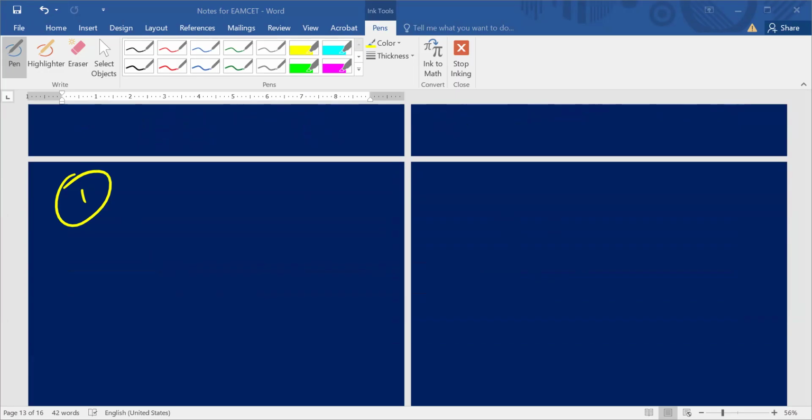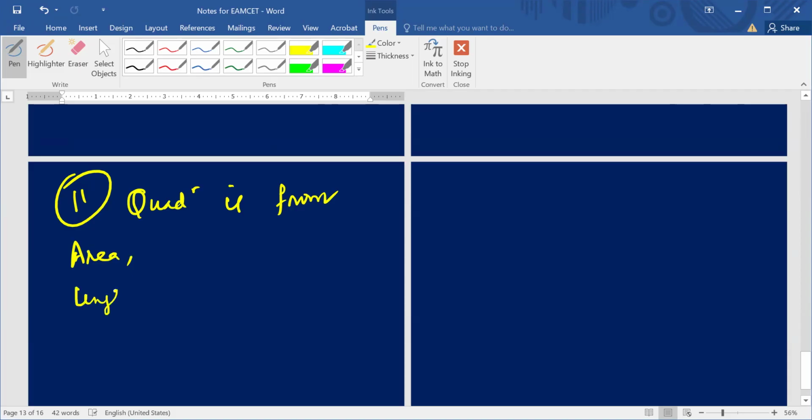Now, very important is that if your quadratic equation is generating from an area, or it is coming from length, or it is coming from speed, whatever it is.